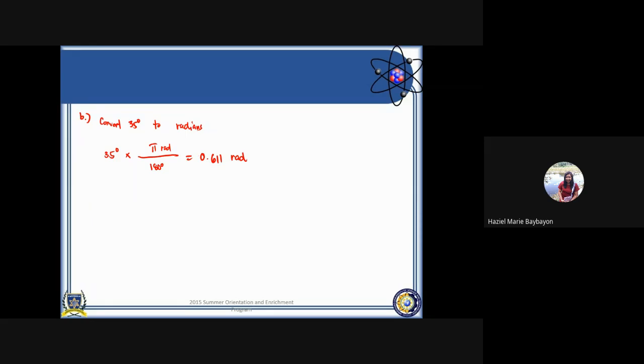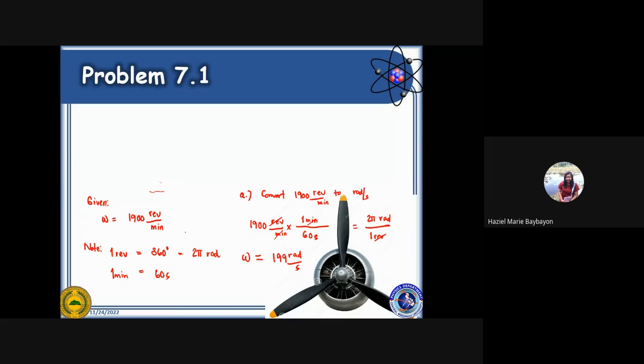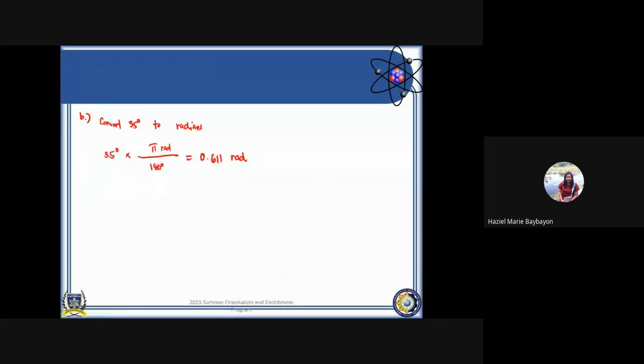So, ang atong nahibalaan lang, class, is the angular velocity, which is equal to 199 radians per second, as well as the theta. Okay, so you have this equation. Omega is equal to the change in theta with respect to time. Okay, so we are to find the time, delta t, is equal to delta theta divided by omega.